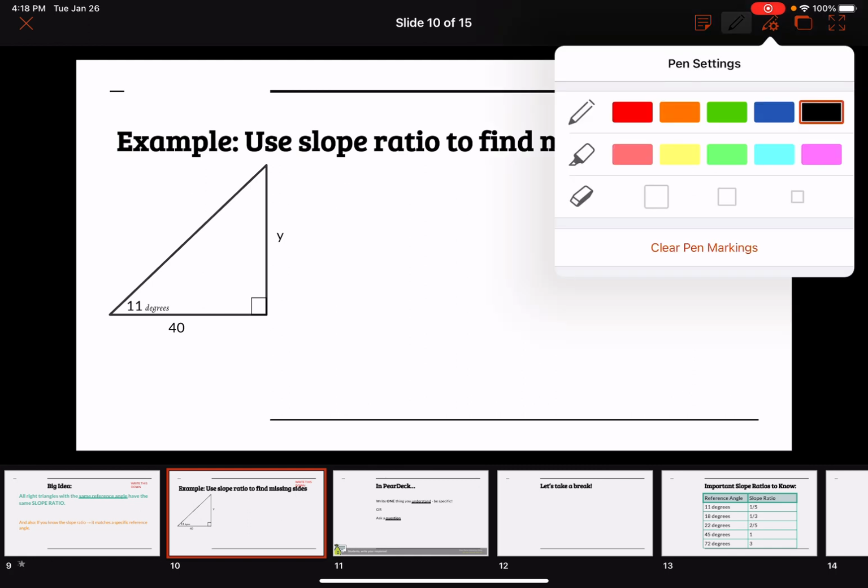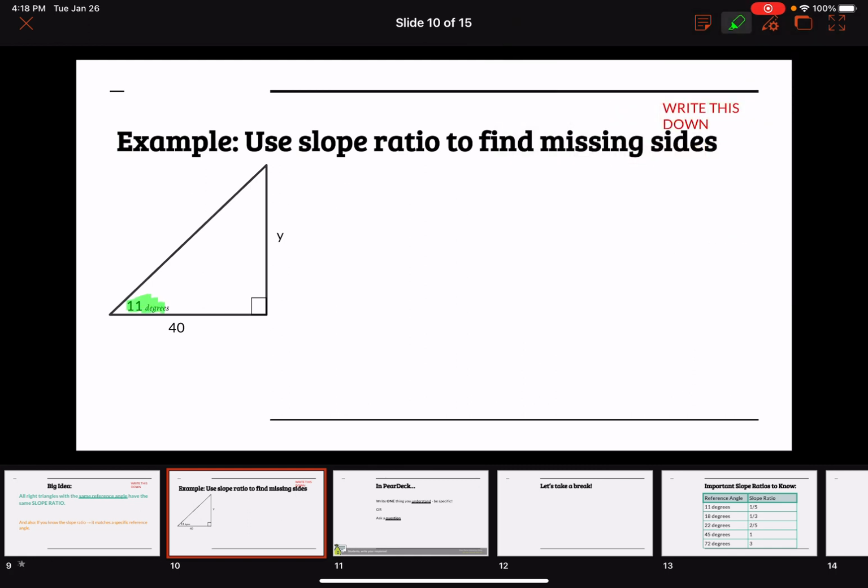Here, first we identify our slope angle. Slope angle is 11 degrees. Then we think, do we know what the slope ratio is? Yes, the slope ratio that matches 11 degrees is 1/5.